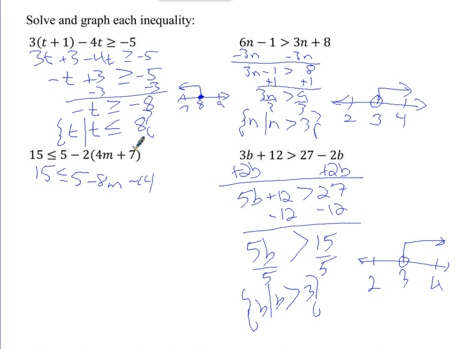Okay, we have like terms. 5 minus 14 is negative 9, minus 8m. Now what? Okay, add 9 to both sides. Good. Remember the sign goes with the number.